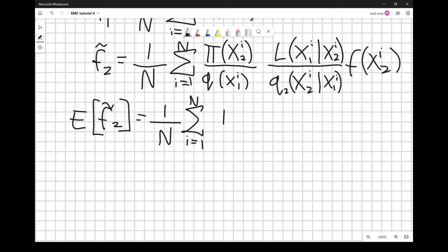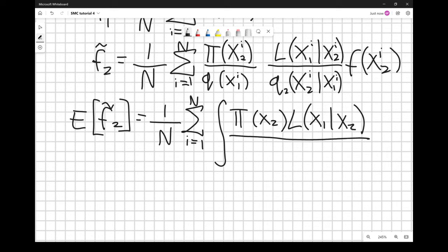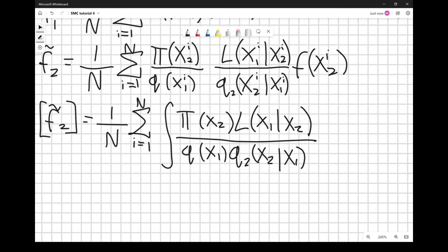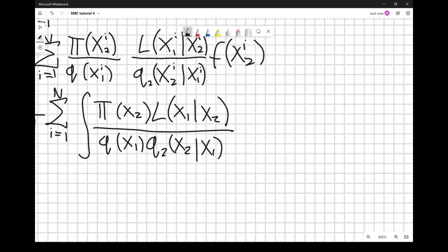Then we're integrating over x1 and x2. So let's write pi of x2, and then there's our L-kernel, x1 given x2, divided by our proposal, which is q of x1, then q of x2, x2 conditional on x1, and then we still have our f of x2.